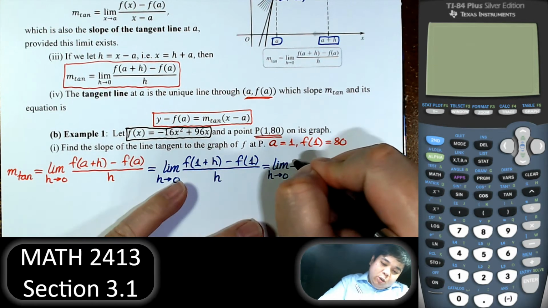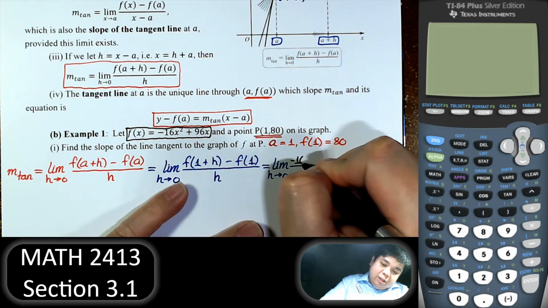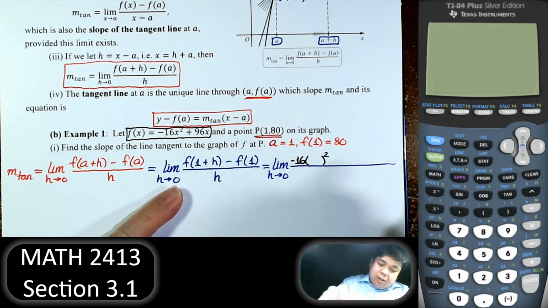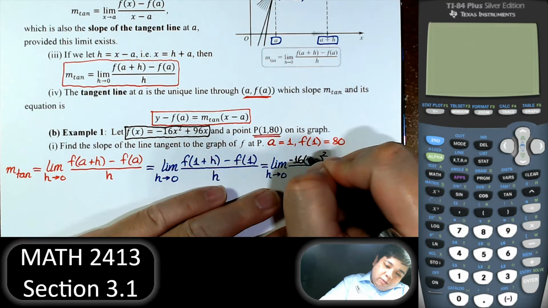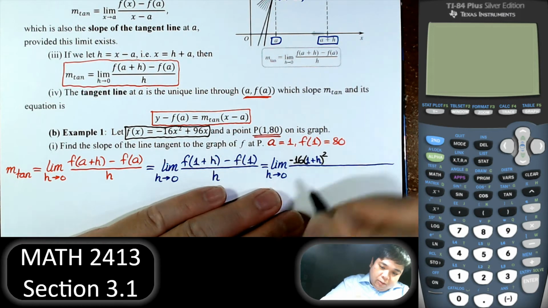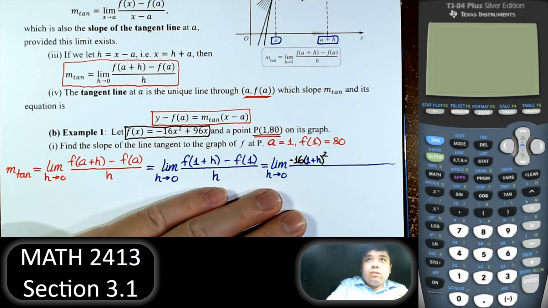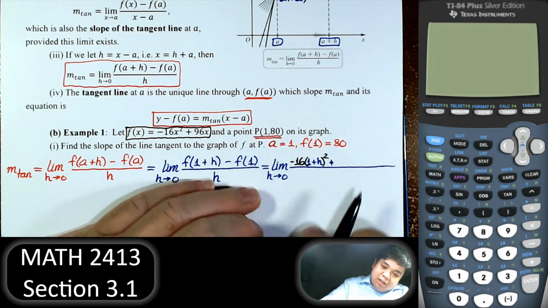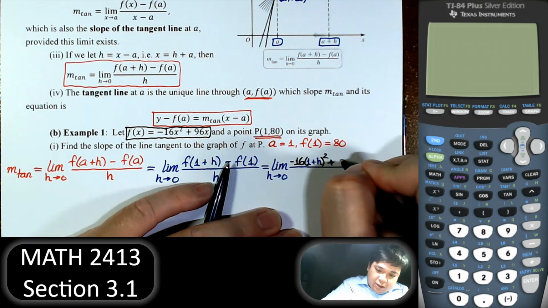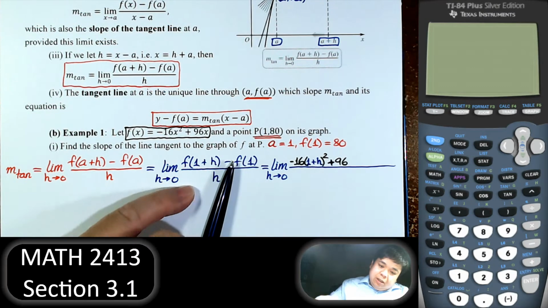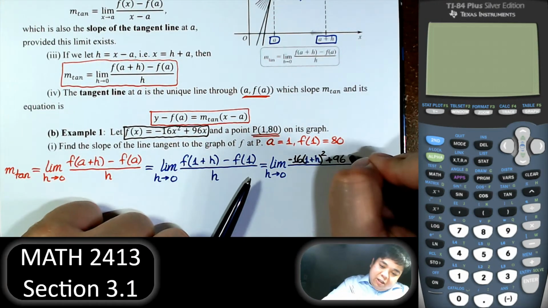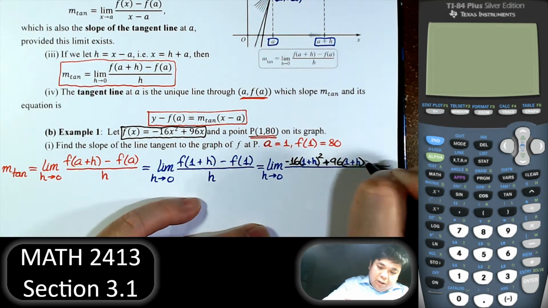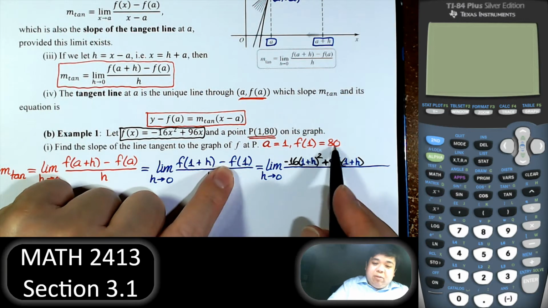Right, first we have negative 16, instead of x squared, that will be 1 plus h, plus 96, and instead of x, put 1 plus h, and then minus f of 1. f of 1 is 80.